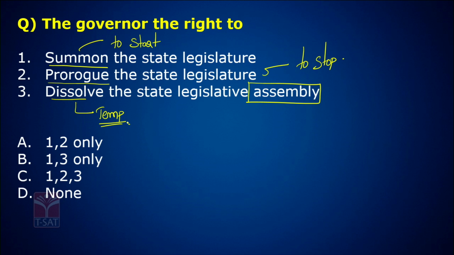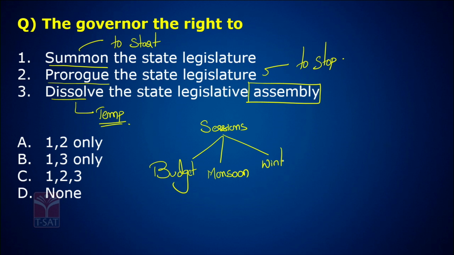In Parliament or the state legislature, we generally have 3 sessions in a year. The first one is the budget session, the second one is the monsoon session, and the third one is the winter session.